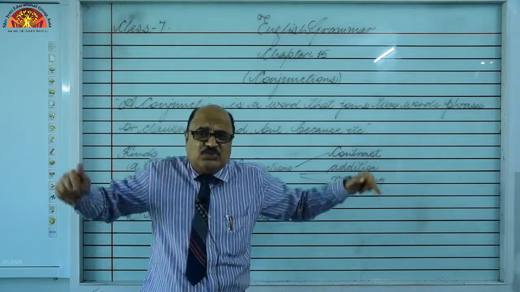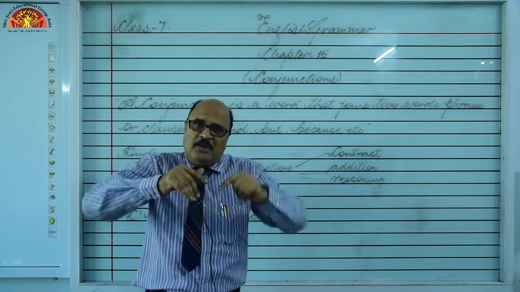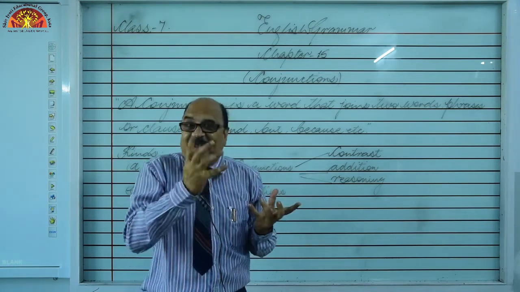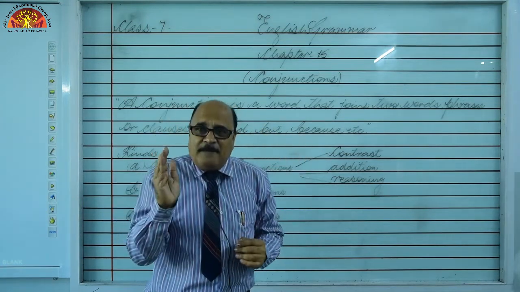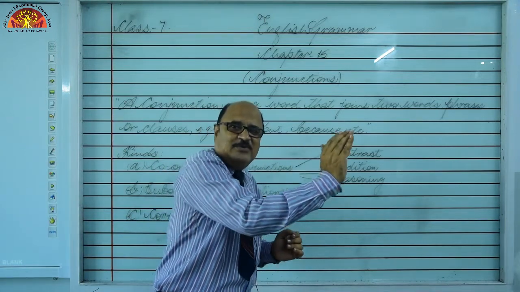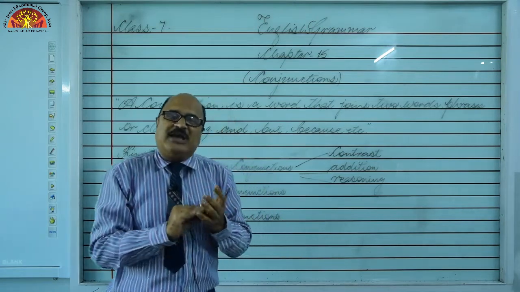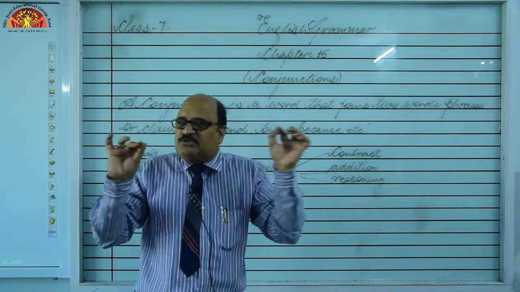But when these two sentences are joined together using another word, for example, and, the sentence is Ram and Shyam are good boys. The rest of the part is the same, is a good boy, so that is common.